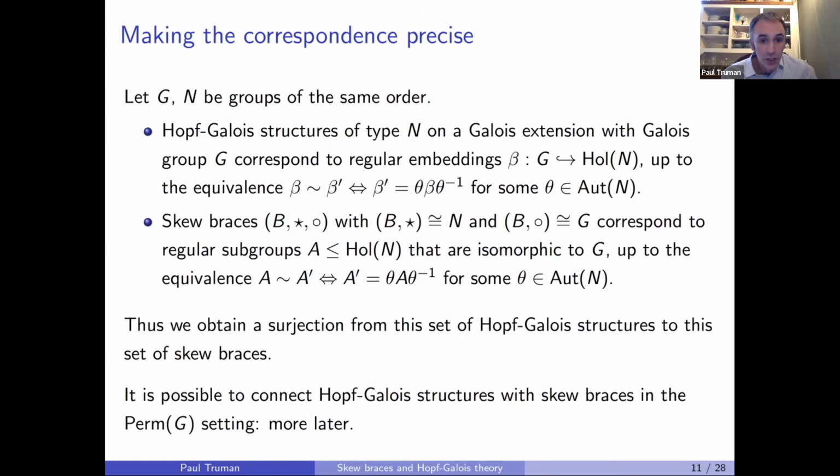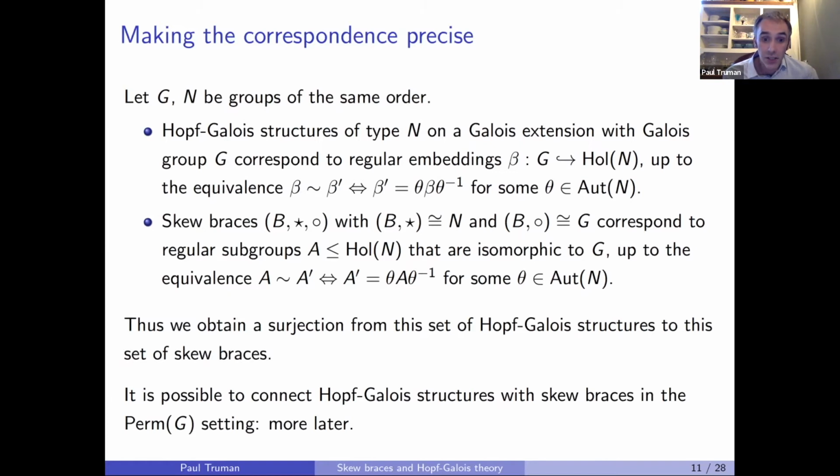And if I'm interested in skew braces with B star isomorphic to N and B circle isomorphic to G, then I should be looking for regular subgroups of hol N that are isomorphic to G, up to a different notion of equivalence, this notion of equivalence as sets rather than at the level of the actual embedding.